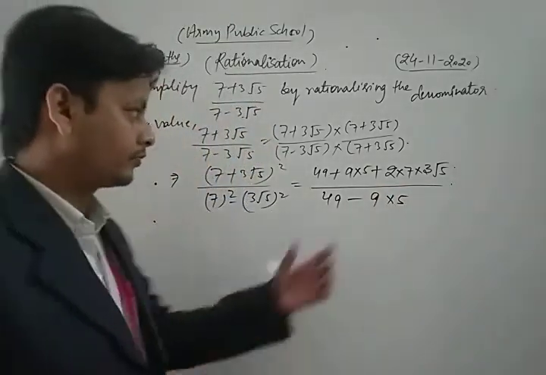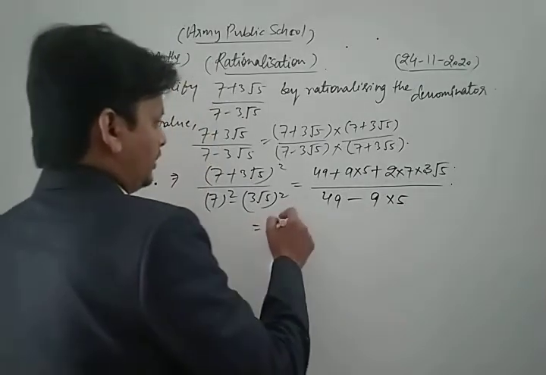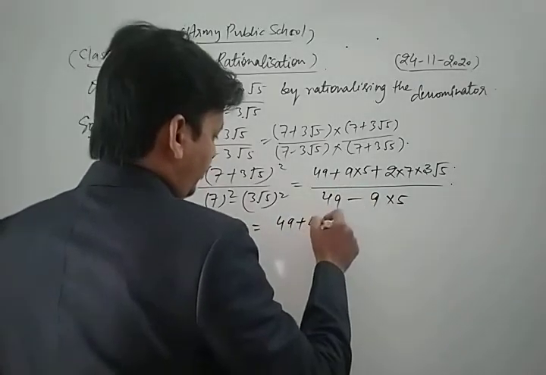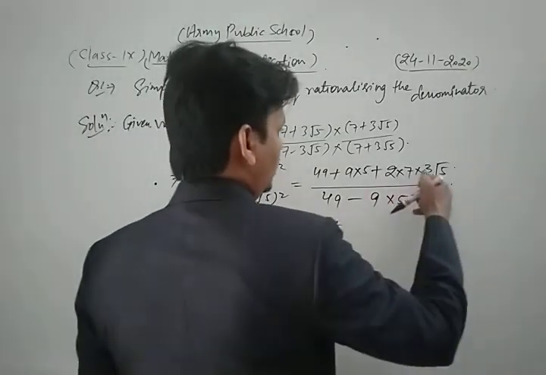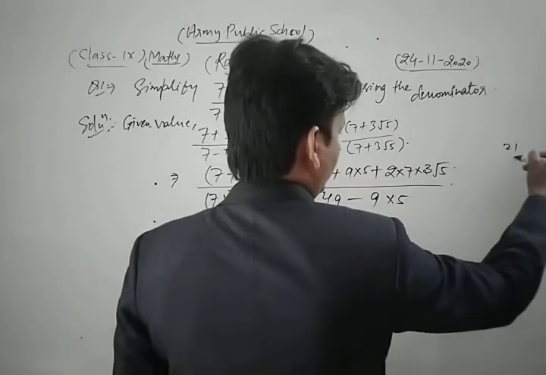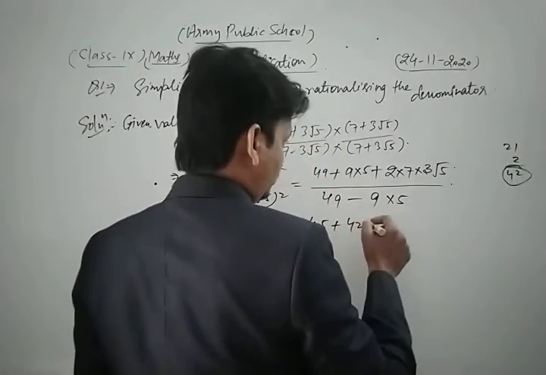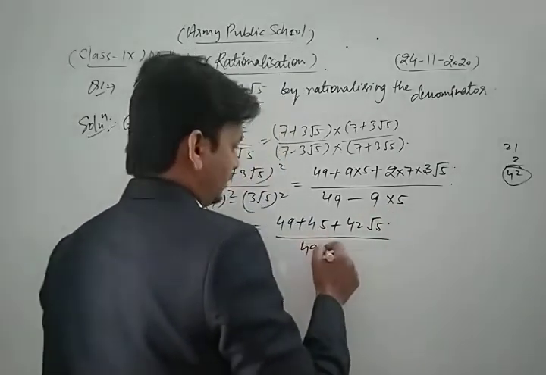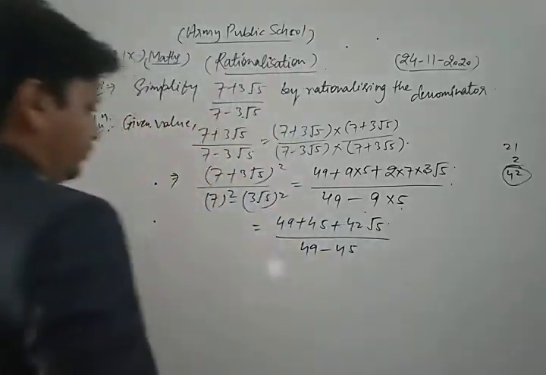Okay, we just write in this way. Now we simplify. We get 49 plus 45 plus 7 3 is 21, 21 into 2 is 42, so 42 root 5, upon 49 minus 9 5 is 45.